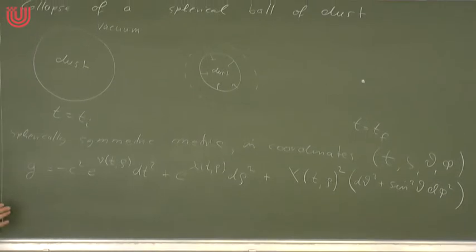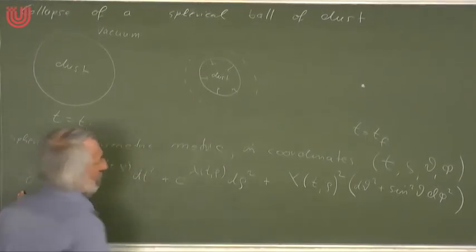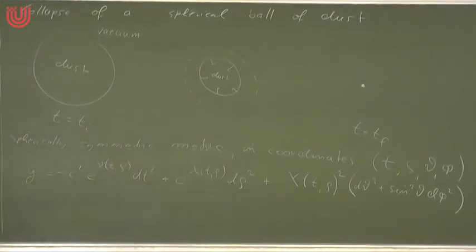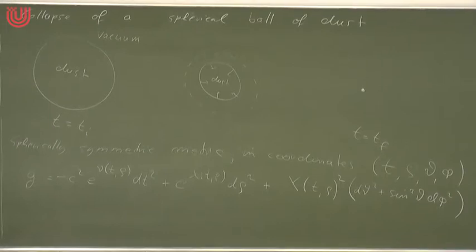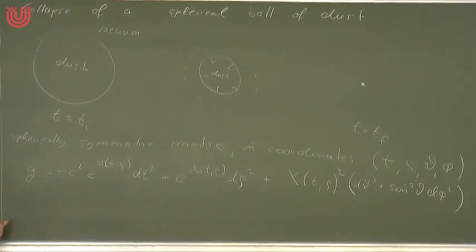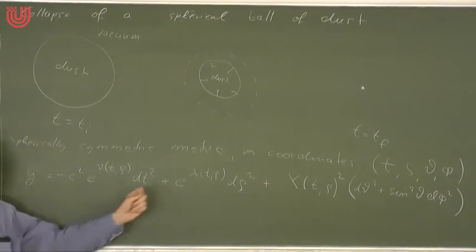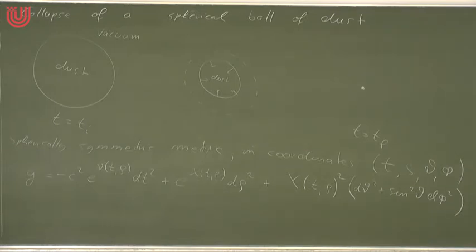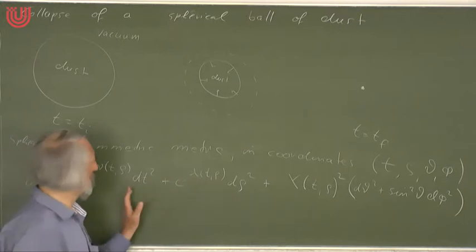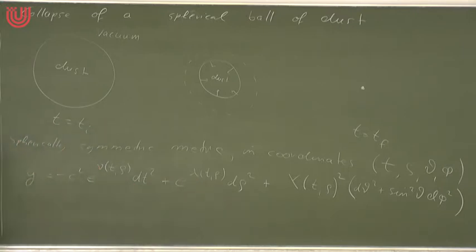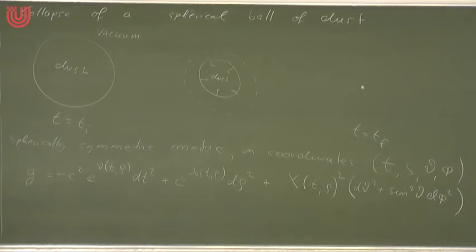So just to remind you, when you start discussing spherically symmetric metrics, and you want to write down the most general form of such a metric, you also have a cross term, dt d rho. This would also be in agreement with spherical symmetry, but then you make a coordinate transformation to kill this term. So you make a coordinate transformation which mixes your old t and your old rho in a certain way, and then you end up with a new t and a new rho where the metric is diagonal. So this is always possible.